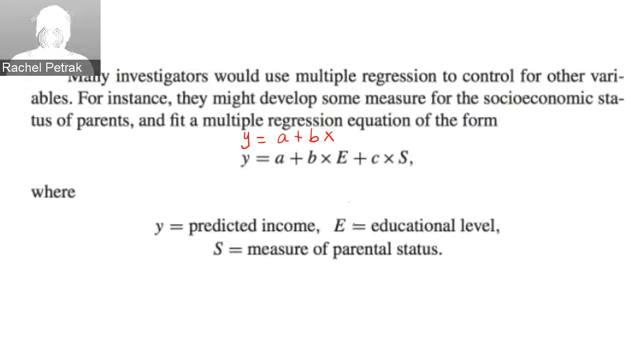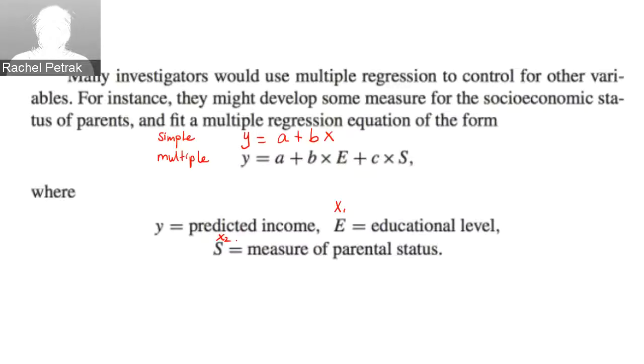In this case, now that we have multiple regression, we have more than one x variable. So this is our x1 variable, educational level, and parental status would be our x2, our second predictor.